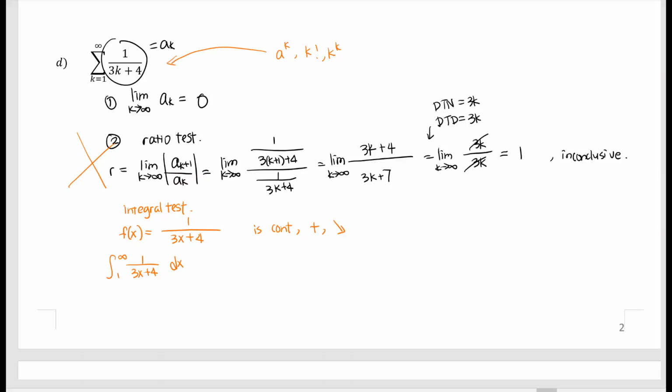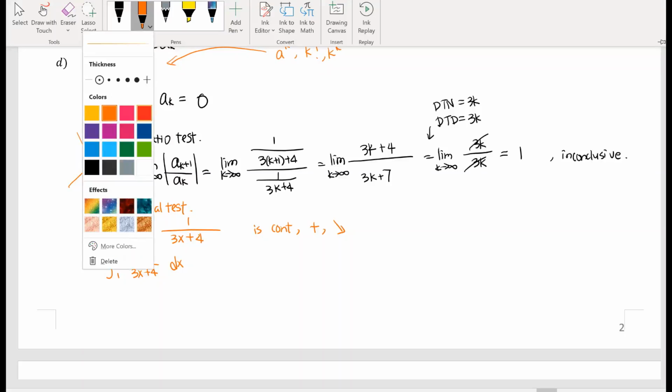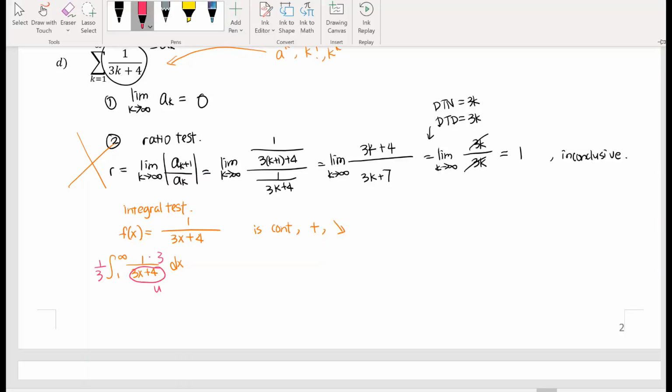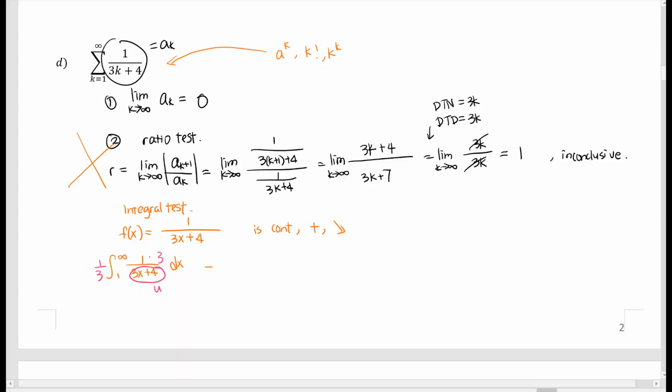And here we use u substitution. You let this be u. Then du will be 3 dx. So when you multiply by 3, you also divide by 3 in front of it. By the way, we have infinity, so replace it by t.